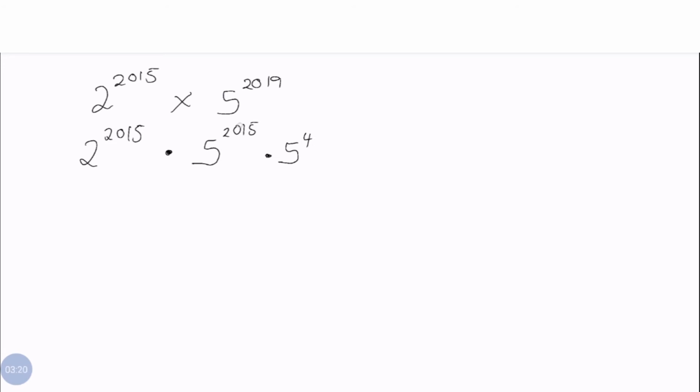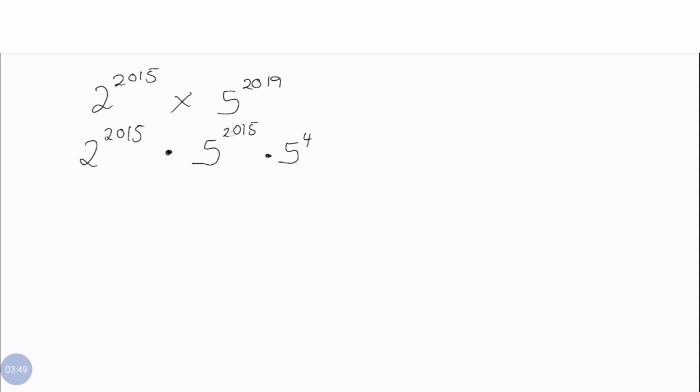Okay, what you must note here is that 5 to the power 2019 is the same as 5 to the power 2015 multiplied by 5 to the power 4, because with the same bases, we just add the indices. 2015 plus 4 is equal to 2019.